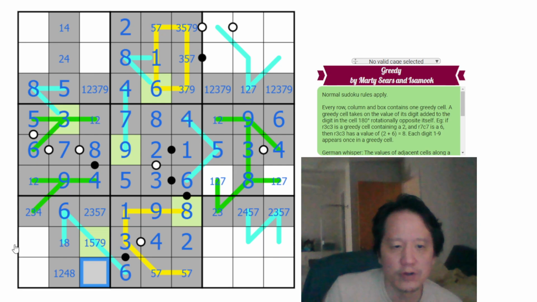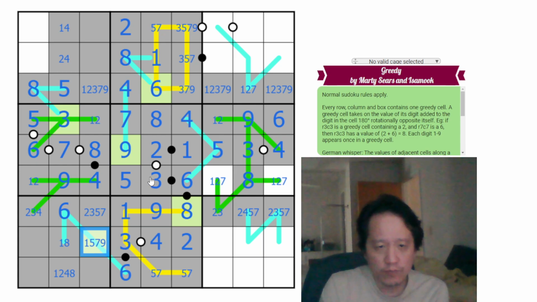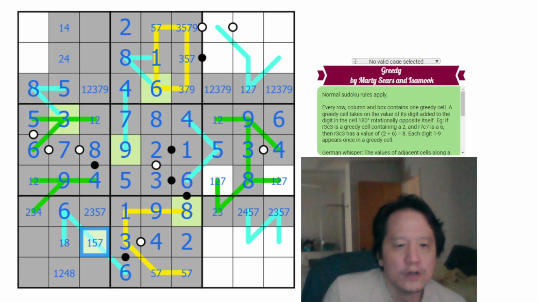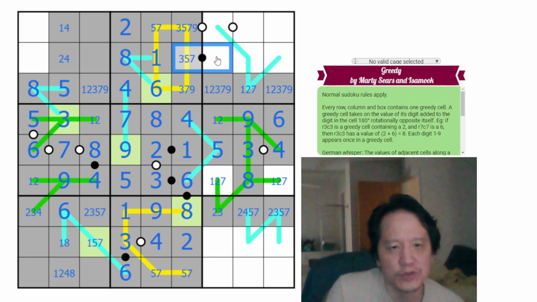This cannot be greedy then. And this can't be greedy. So either way, this has to be the greedy cell, which means it cannot have a 9. So it has to add up to either 4, 8, or 11. Well, if it's 4, it would have to be 1 and 3, right? But 3 can't be double the thing of something else.